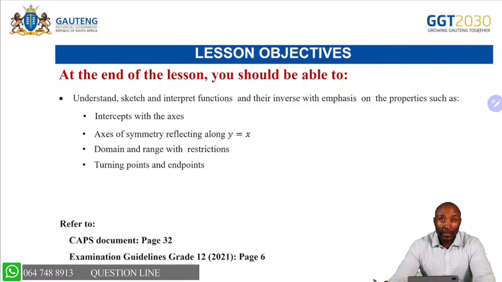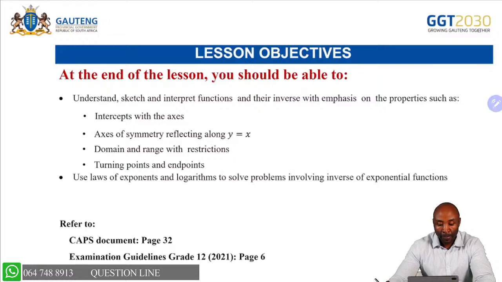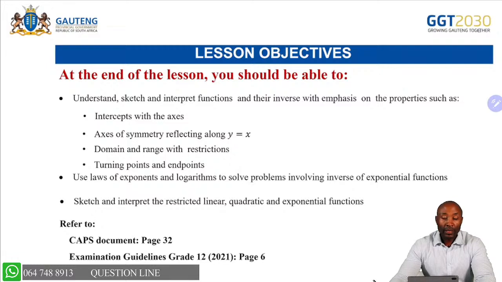We'll also look at turning points and end points of our functions. We'll look at the use of laws of exponents and logarithms to solve problems involving the inverse of an exponential function. We are going to sketch and interpret the restricted linear, quadratic, and exponential functions.